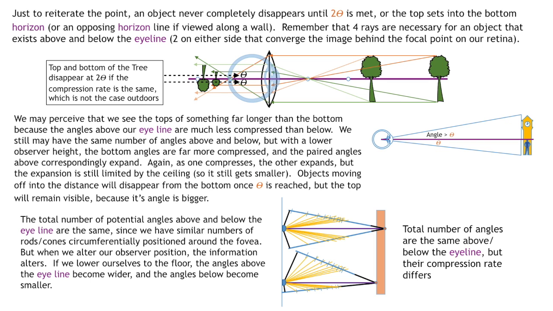You'll notice that the angles change size as you move the, in this case, eye vertically. You'll see that the angles above get wider and the angles below get smaller. Again, the total number of angles are the same above and below the eye line. We only have so many rods and cones, but their compression rate, as we get higher or lower against a tangible object, starts to differ.